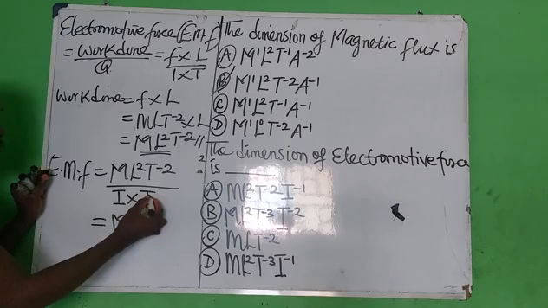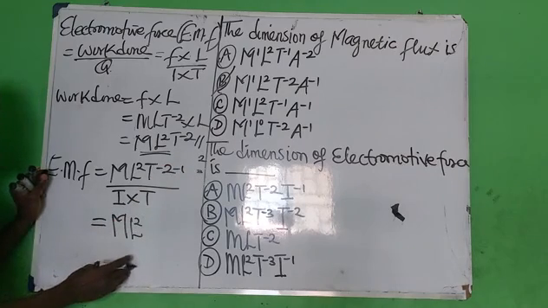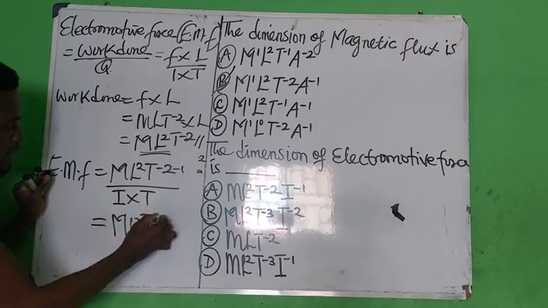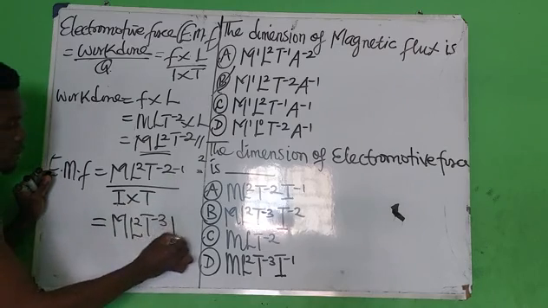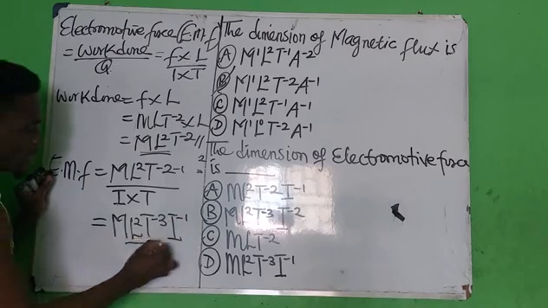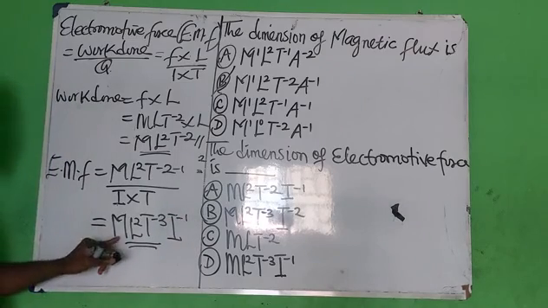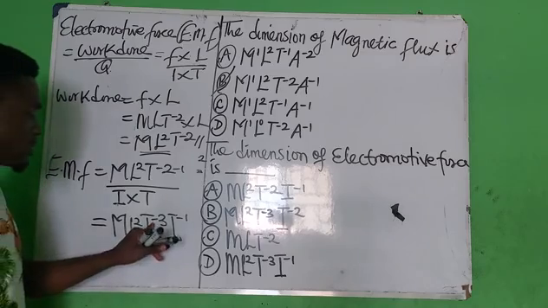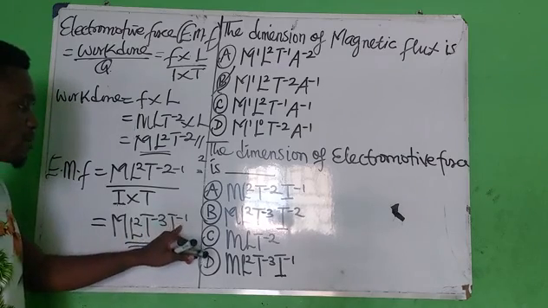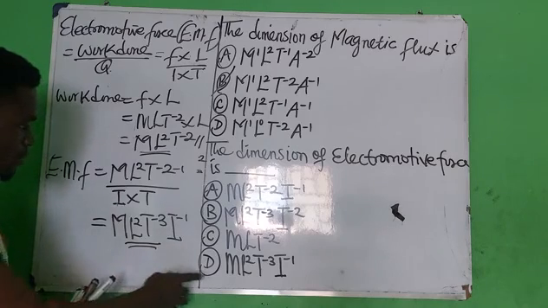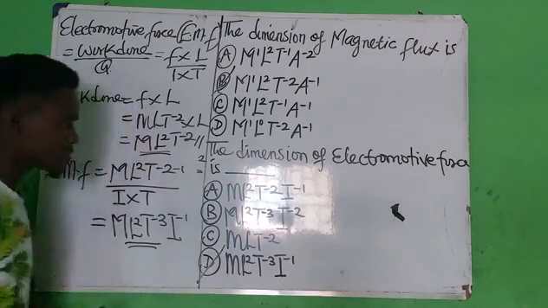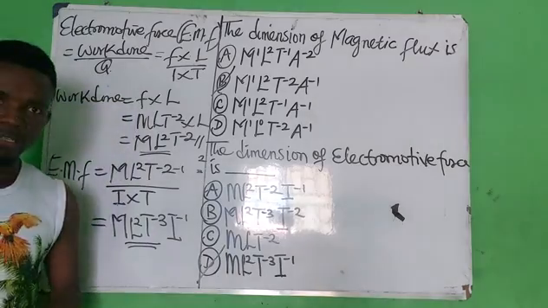This T, once it goes up, becomes minus 1. So I have T minus 3. Then this I, which is the current, as soon as it goes up, it becomes minus 1. Our answer becomes ML squared T minus 3 I minus 1. So is the answer there? ML squared, so D becomes the right answer.